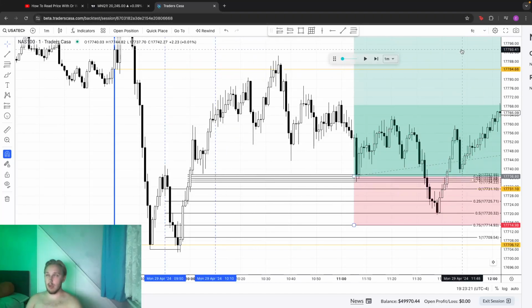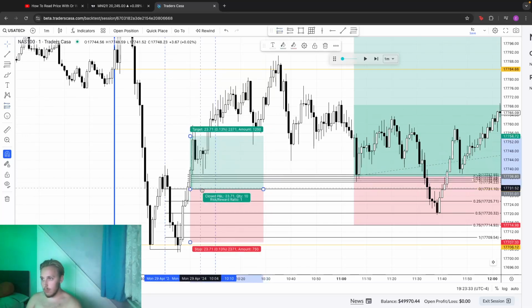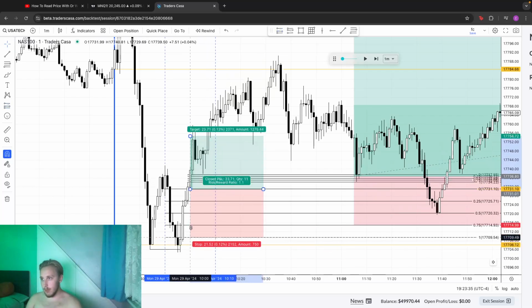But yeah, that would have been a 3R partial, which would have closed about 1.5 R. Let's check that again. Stop below.